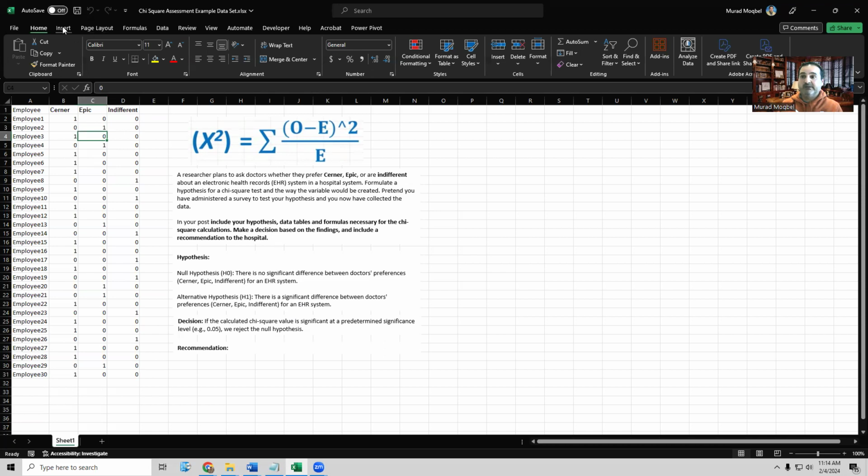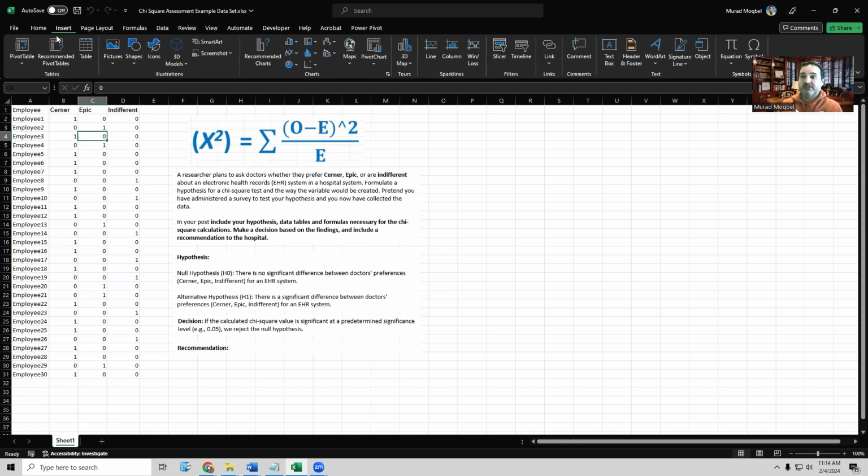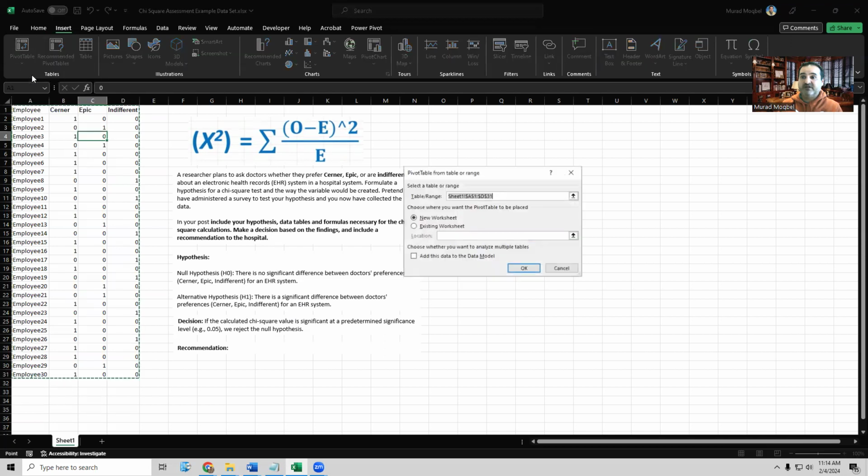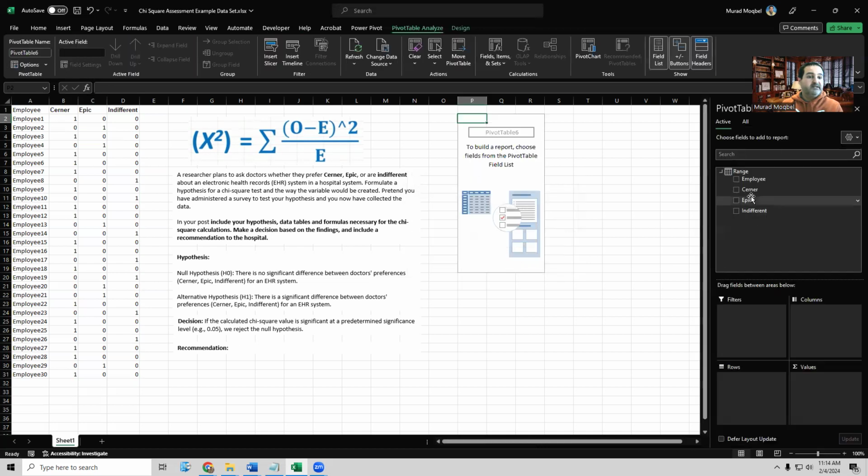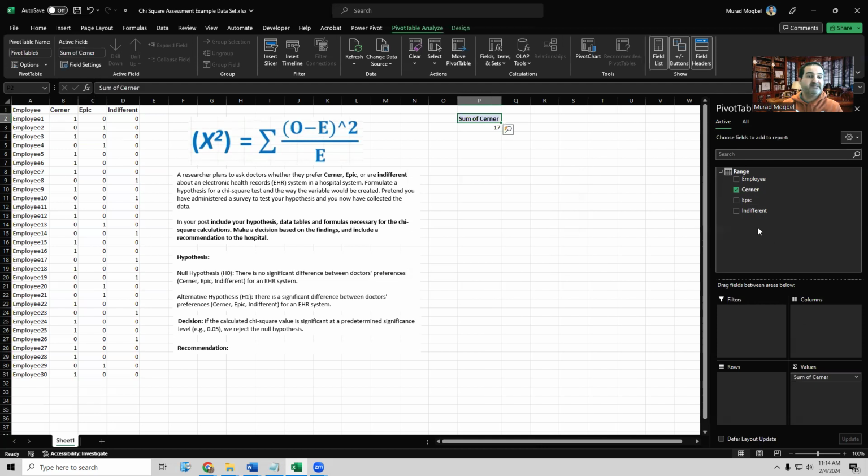To do that, I will go to Insert, then Pivot Tables, and I'll say from range. I want to put my pivot table here, so I'll select it to be here. Since here I have zeros and ones, if I sum, it will basically tell me how many people selected Cerner and how many people selected Epic.